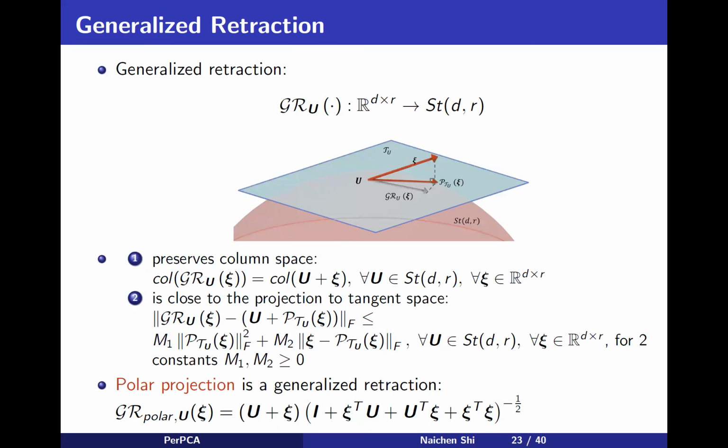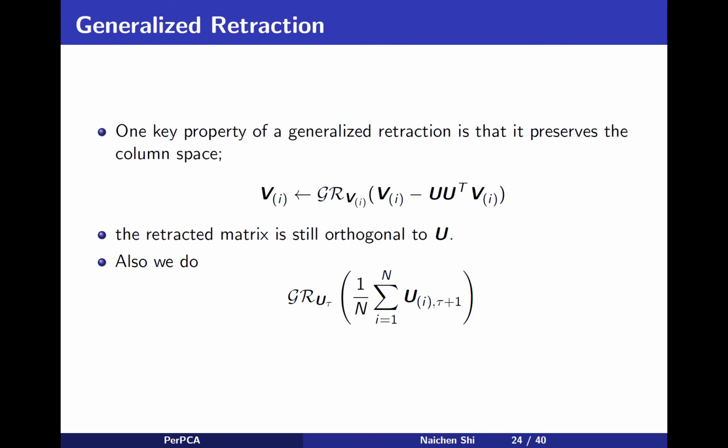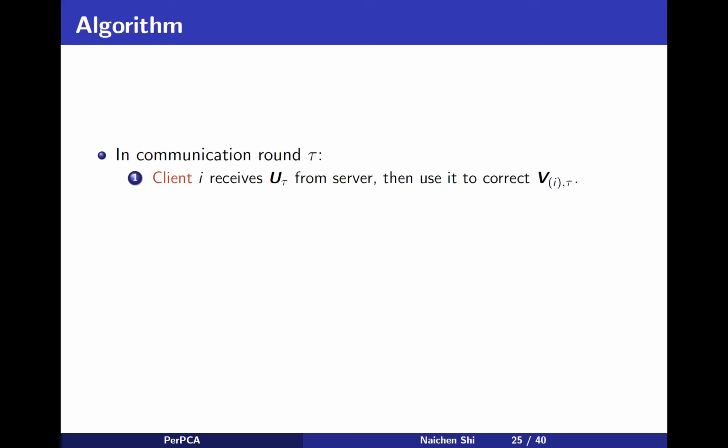It has a definition, but basically we can prove that polar projection is a generalized retraction, and QR factorization is also a generalized retraction. Okay, and we can bring this notion of generalized retraction into our federated iterative algorithm with a modification.